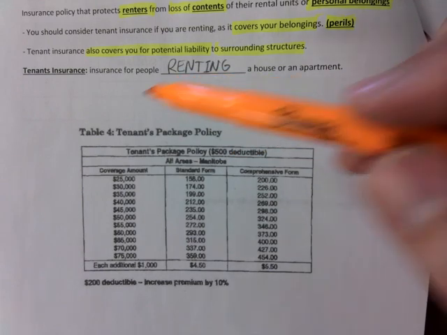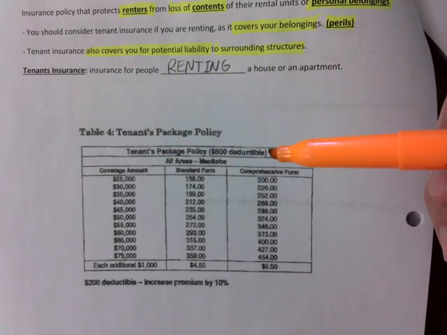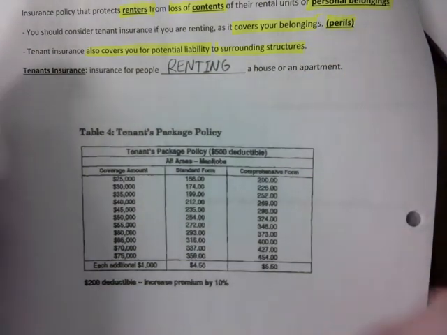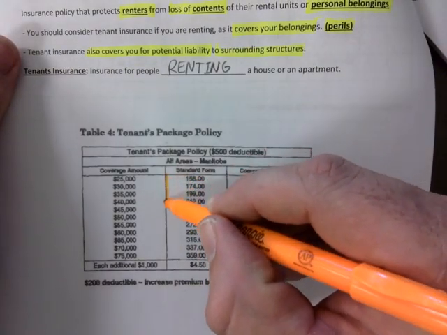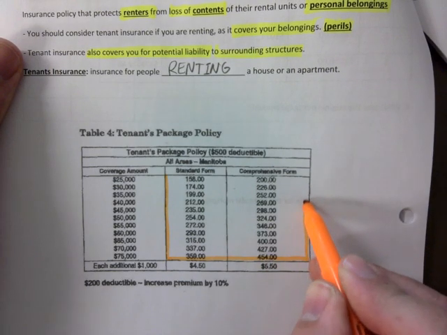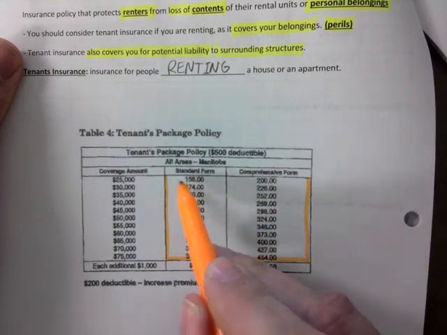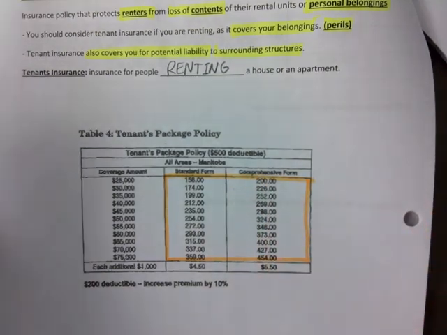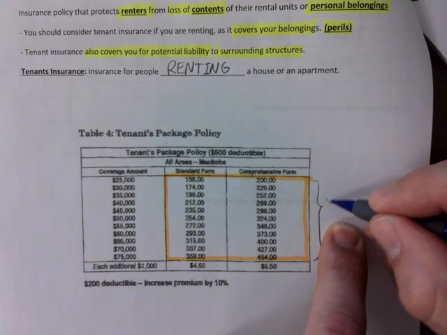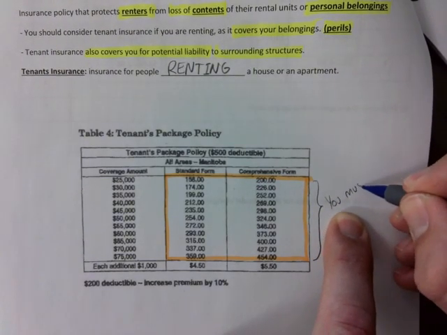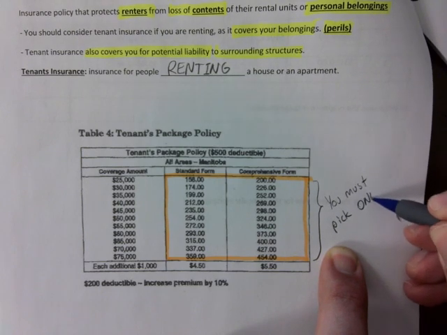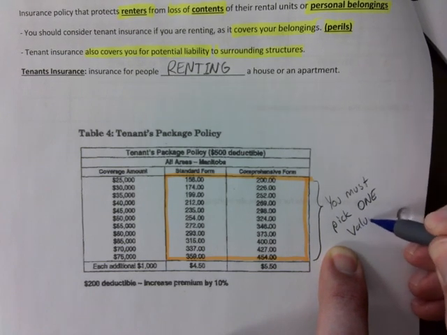All right. So the tenant package policy. I'm going to tell you this. You're going to have to pick one value from the orange section. So I'm going to take my orange highlighter and I'm going to say, whenever it's insurance time, you must pick one value.